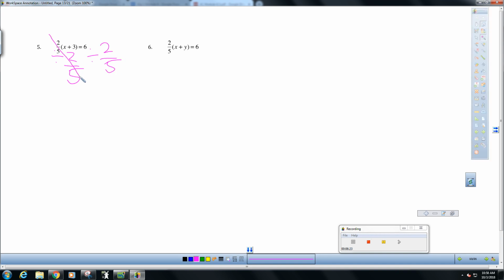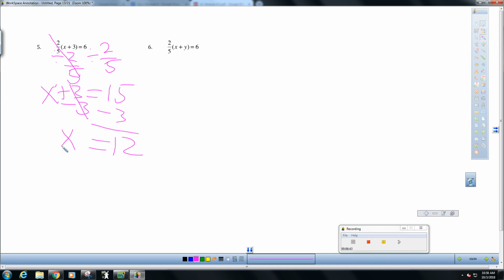So that cancels, and then 6 divided by 2/5 is 15, equals x plus 3. Subtract 3 on both sides. You get 12 equals x. You plug that in, and I guarantee you it will equal 6.